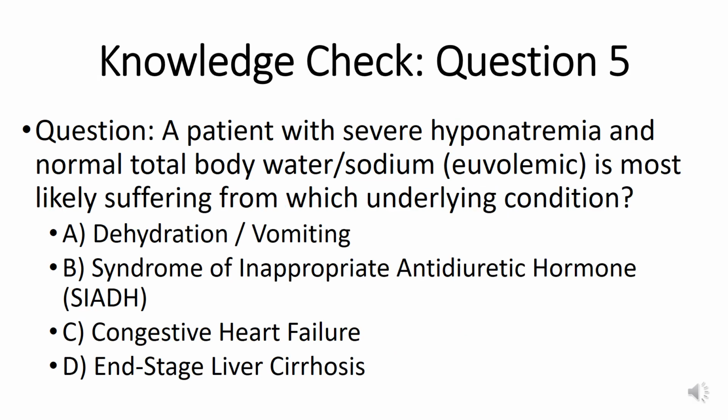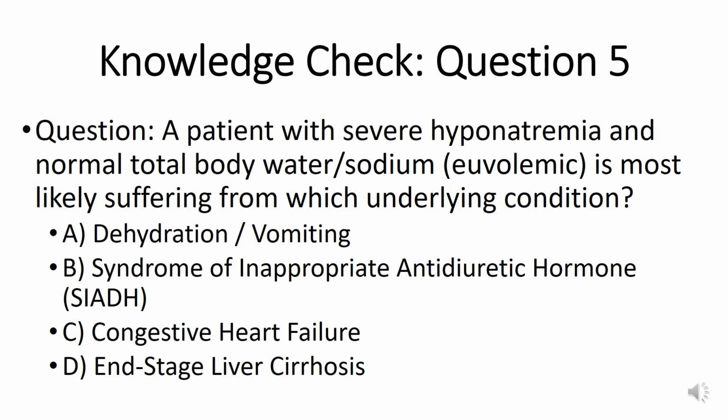Here is another important knowledge check in electrolyte disorders. The question asks which condition is most commonly associated with severe hyponatremia in a patient who appears euvolemic. In other words, the patient has normal total body sodium and no obvious signs of dehydration or fluid overload.